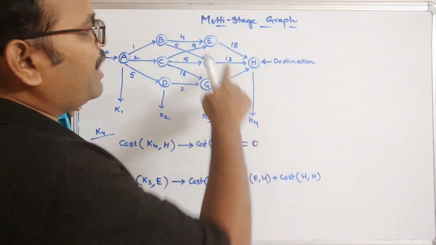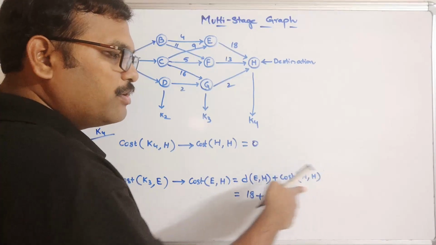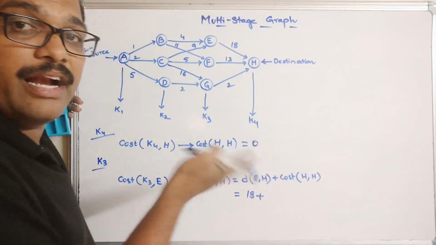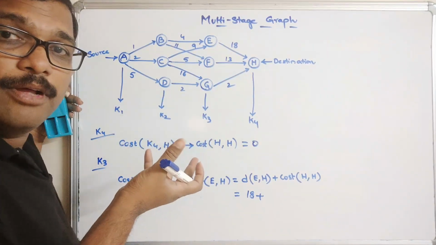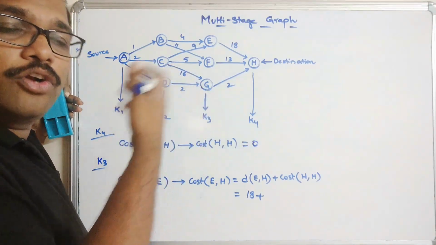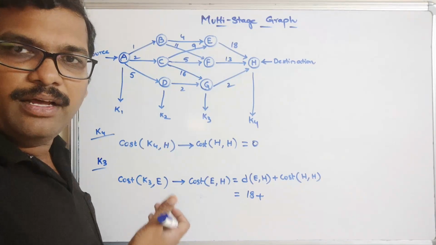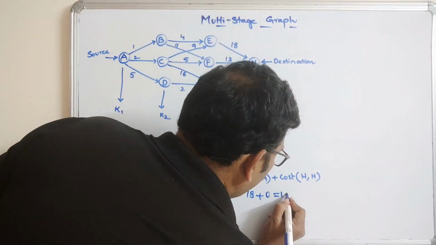E comma H, 18 plus, we need not find out the value once again because we have already calculated it here. That is an advantage of dynamic programming. We are supposed to solve the problems and save the solution in order to avoid calculating the same problem once again. So here cost of H is 0, which is 18.